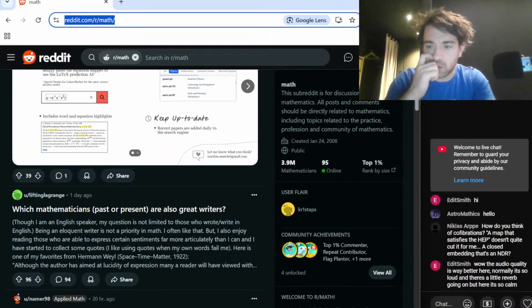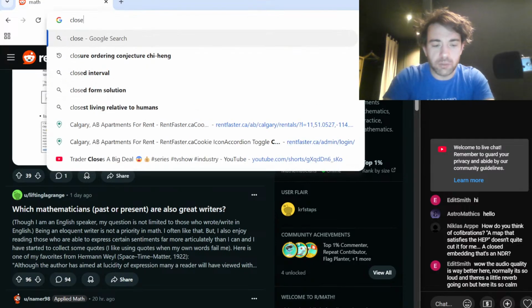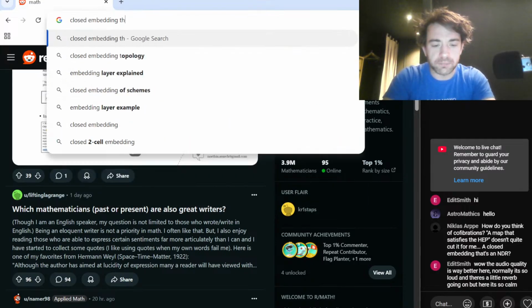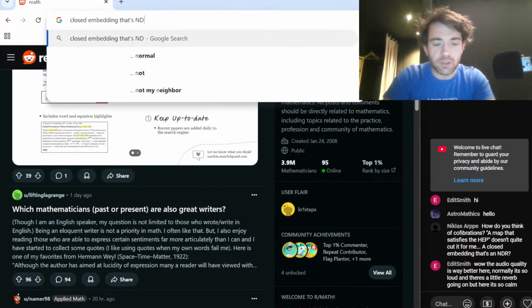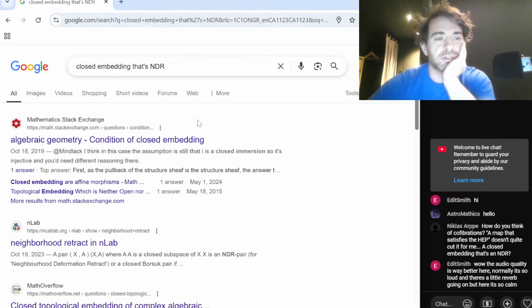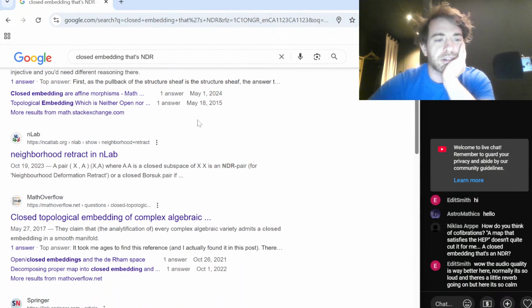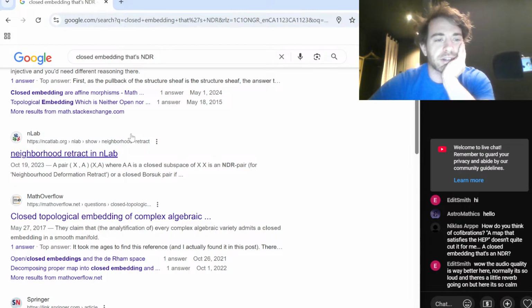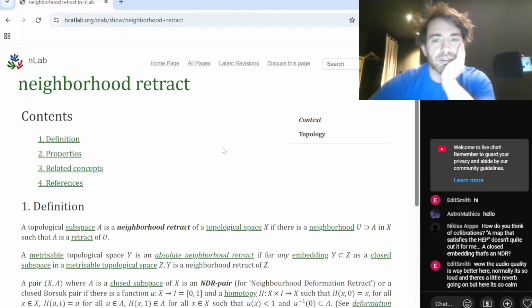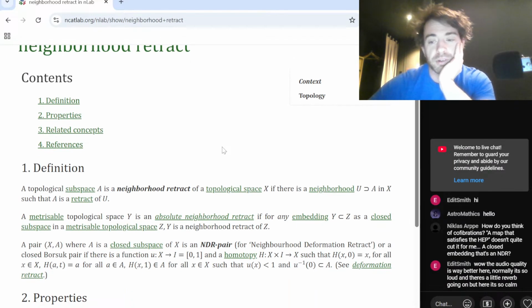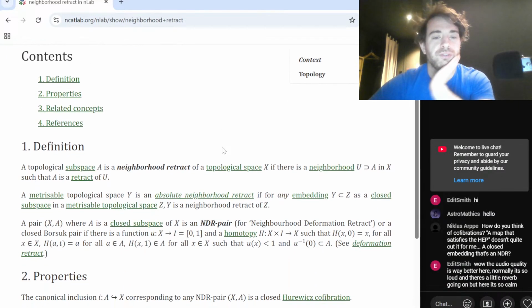What is closed embedding NDR? So yeah, I remember that there's something to do with NDR. Neighborhood retract, right. NDR pair, yeah, I vaguely recall this from Peter May's book. To be honest, I'm not the right person to ask. I don't understand fibrations very well.